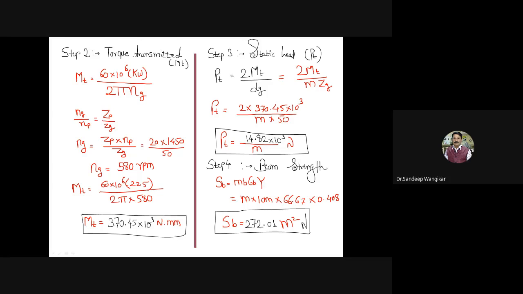So this is our step number 3. We have calculated beam strength in terms of module, static load in terms of module. Let us move further. Next step is effective load calculation.